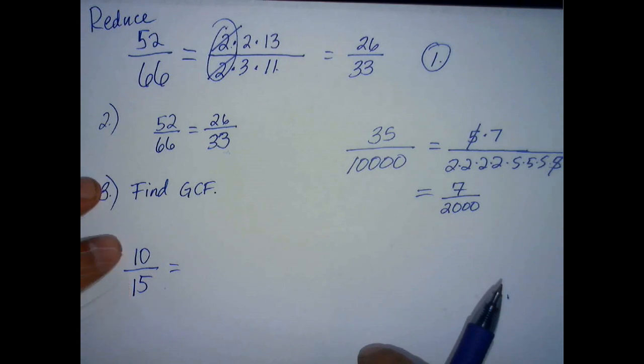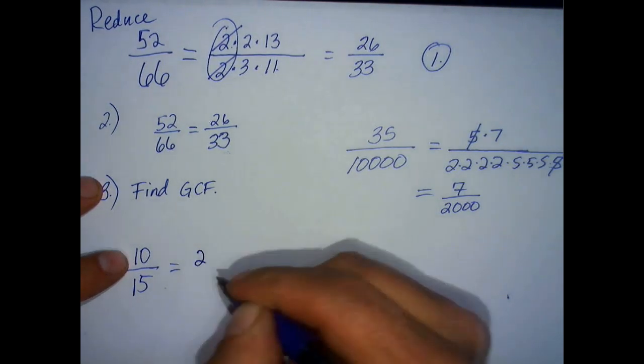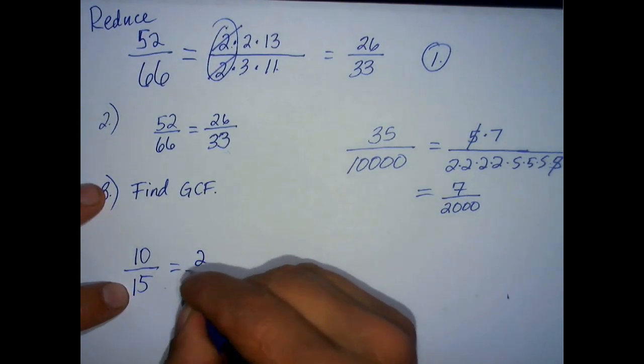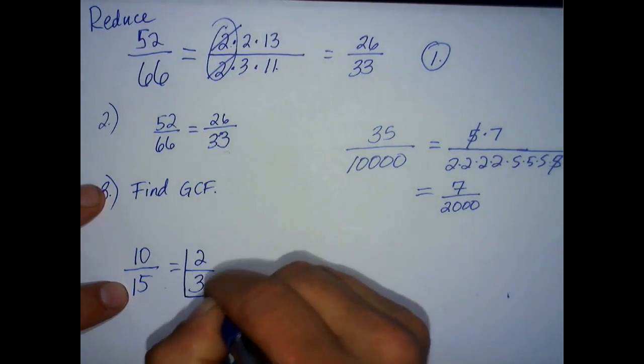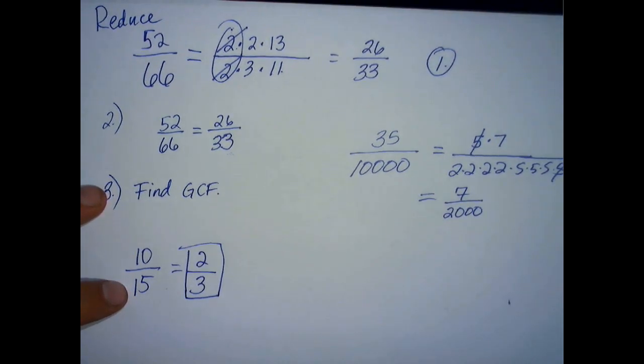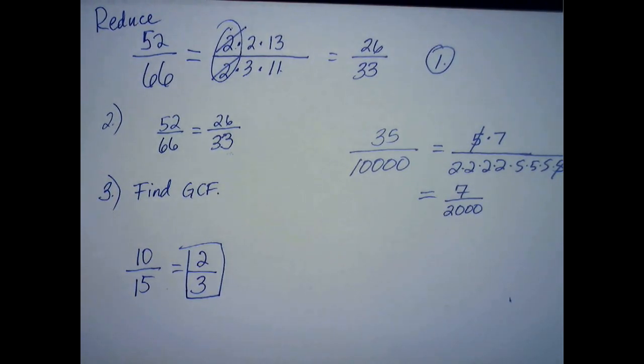No. Are they both divisible by 5? Yes. So 10 divided by 5 is 2, and 15 divided by 5 is 3. One of the things that's great is if you end up with 2 prime numbers, you're done automatically. There's no way you can break those down. So 10 15ths is 2/3.